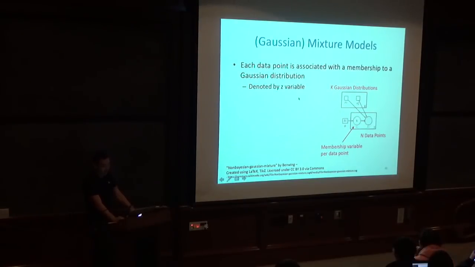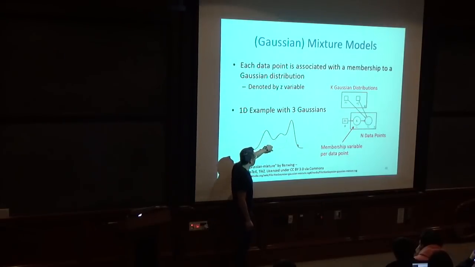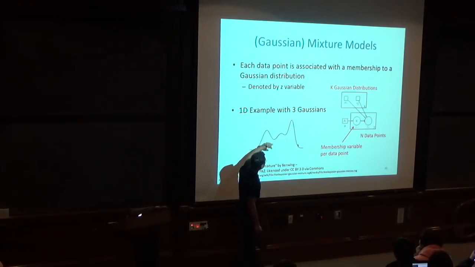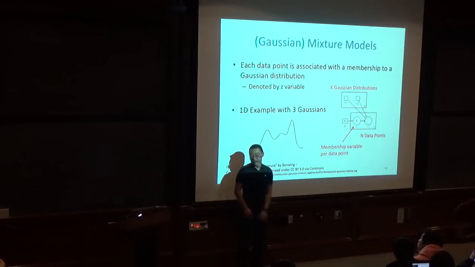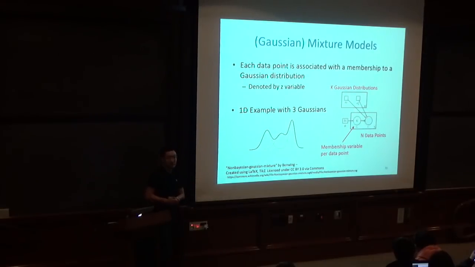So we have a z, and if there are 3 quote unquote Gaussians that generate this distribution, this is just a one-dimensional example, we want to learn that there are three Gaussians. If you were to draw this out spatially in 2D, this would look like 3 clusters. So this is actually just a probabilistic, or generative model, version of k-means clustering.